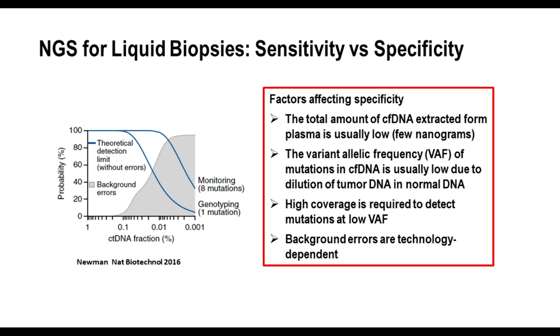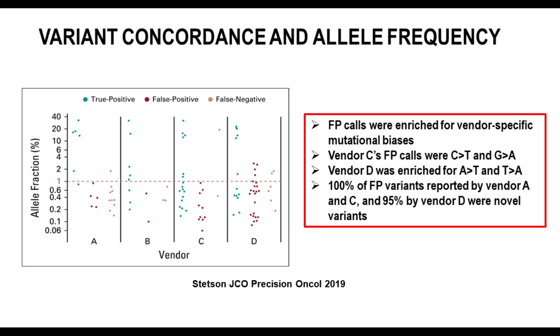Now, these background errors usually are technology dependent. And indeed, if we go back to the study that I sent you before, it's quite clear that the errors from the different vendors were different, so it suggests really that the different platforms were inducing different types of mistakes.